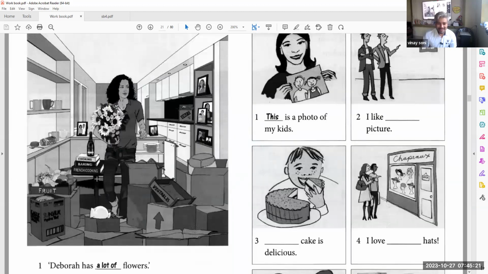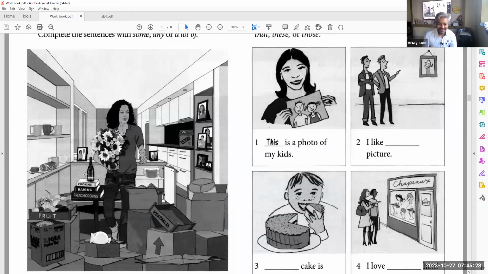My kitchen is not so beautiful. It's a bit untidy right now. Perhaps because Deborah has just come to live in this house, maybe. Look, there are so many boxes, right?